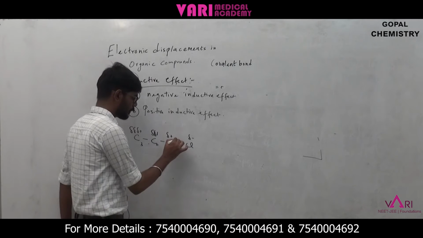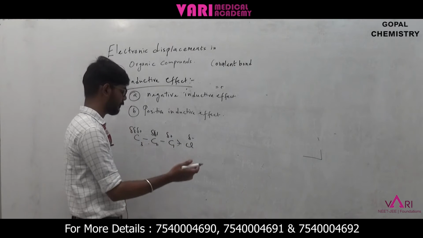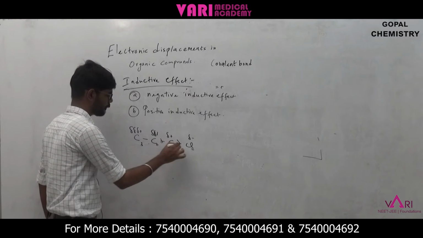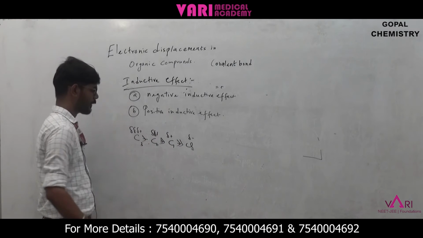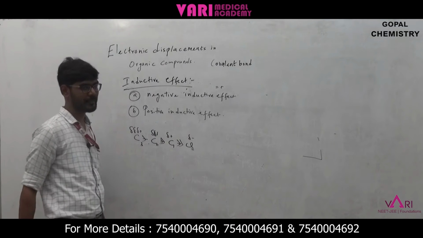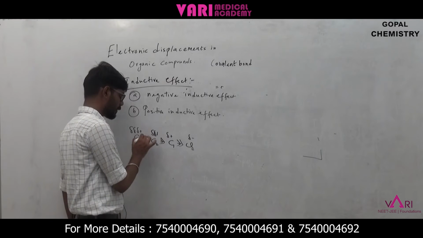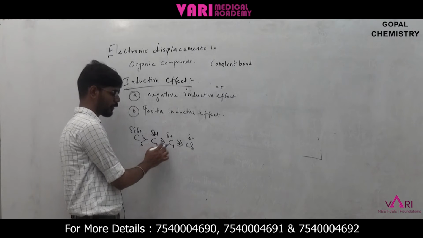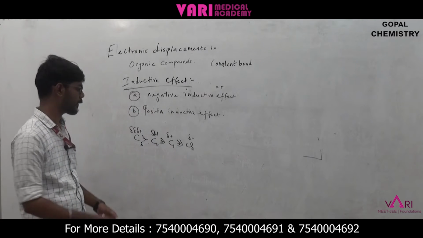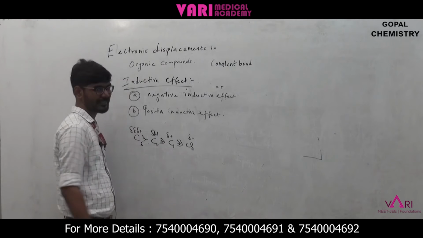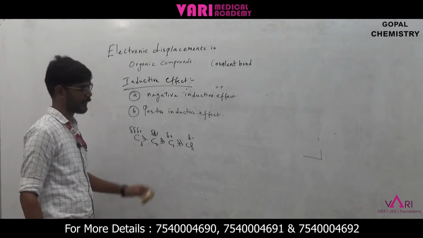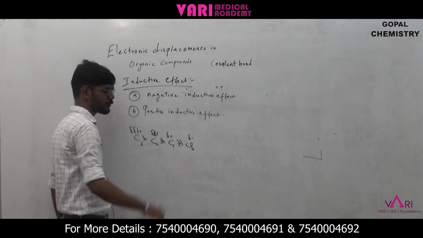The direction of electron shifting is towards chlorine, and the shifting of sigma bond electrons towards the first carbon takes place. The magnitude is lesser at the second and third carbons, because the inductive effect is directly proportional to distance. So the third carbon will sense a very minimum inductive effect, with the direction towards chlorine.